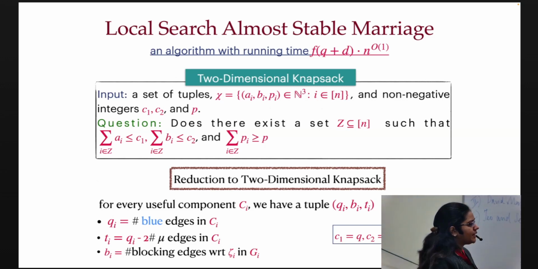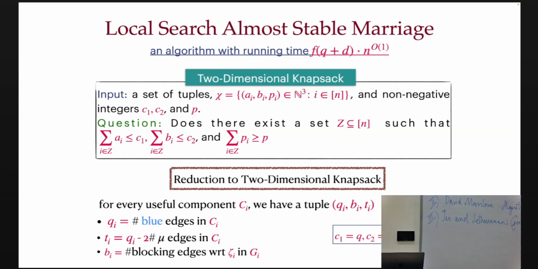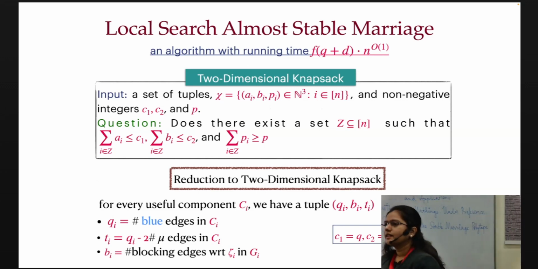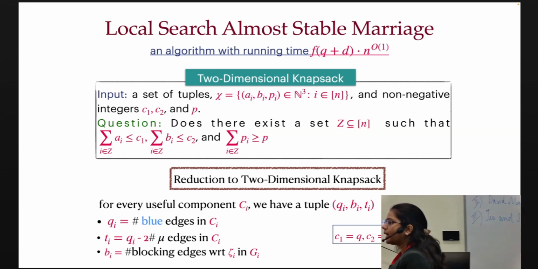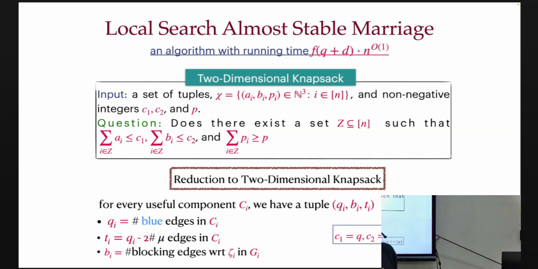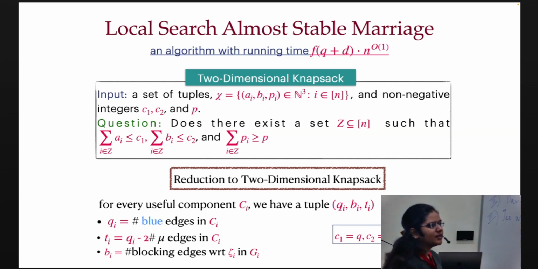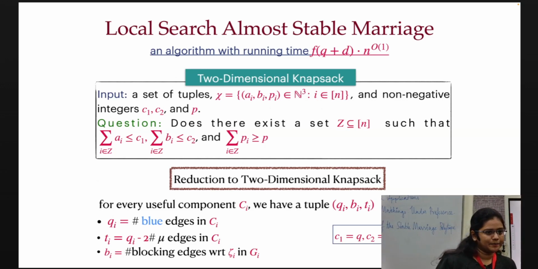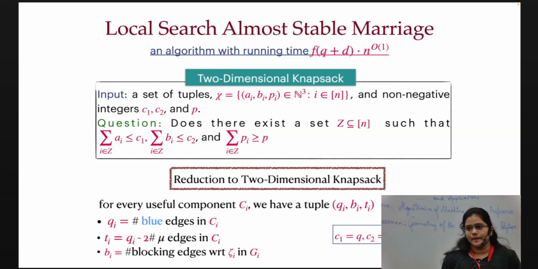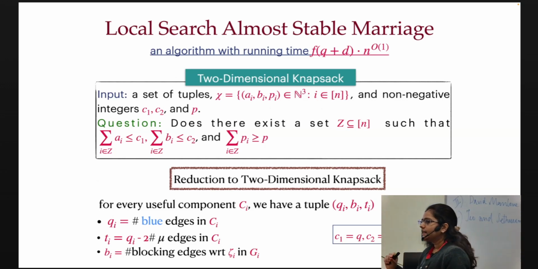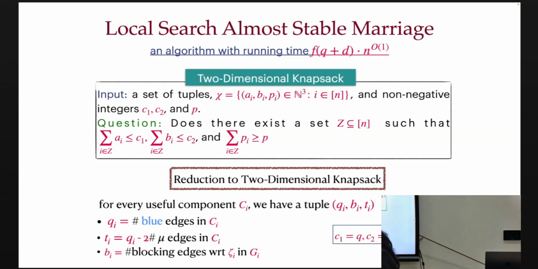And what do we know about knapsack? Forget about two-dimensional knapsack. Is it polynomial time solvable in some cases? Do you know any algorithm for knapsack? It is NP hard, but there is a pseudo-polynomial time algorithm, dynamic programming based. So when the values are small, the algorithm is solvable in polynomial time.